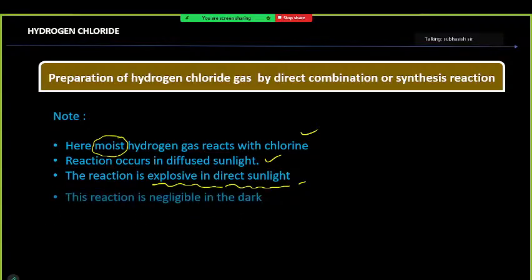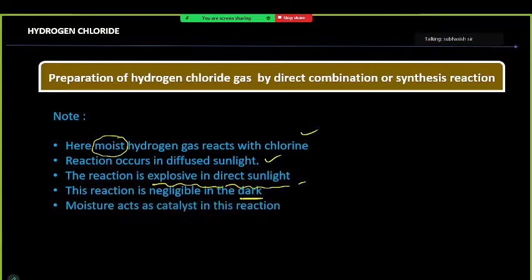That is the explosive nature, and this reaction is negligible in the dark. Practically no reaction in the dark. And I already mentioned that moisture acts as a catalyst in this reaction, so moist hydrogen gas is used. This is exceptional because moisture acts as a catalyst. This type of reaction is rarely found.